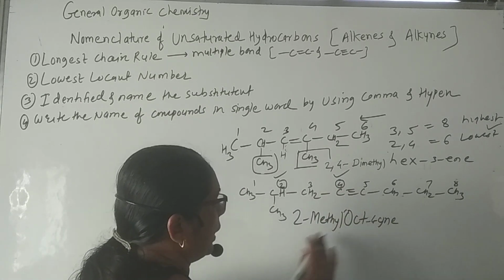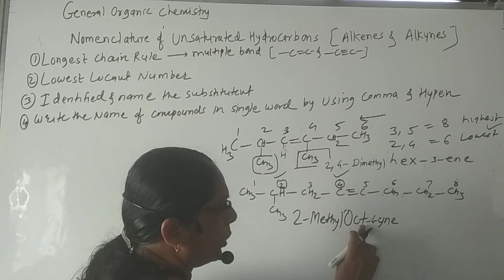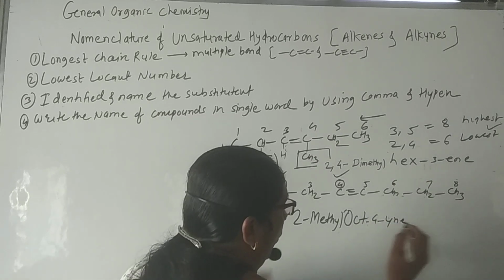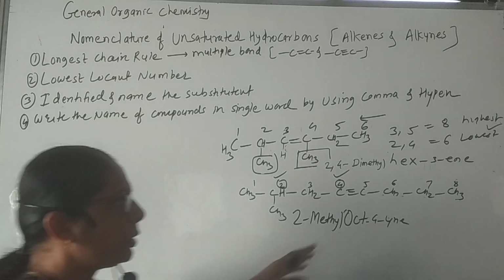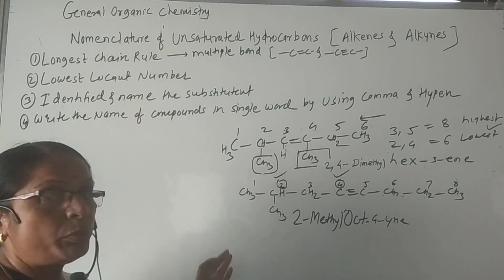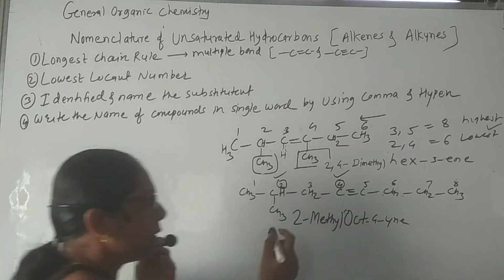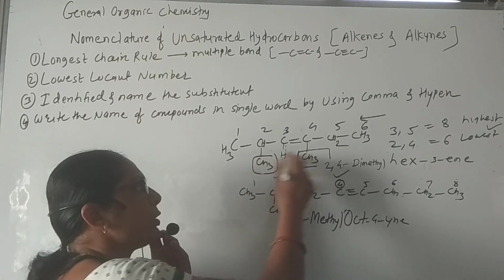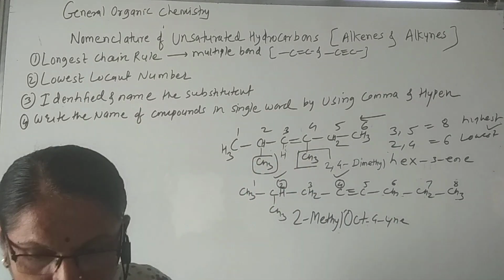So I write here 2-methyloct-4-yne. So like this we can consider the case of equidistance. If the compound is equidistant, the numbering is given so that the branched group will get the least possible number.